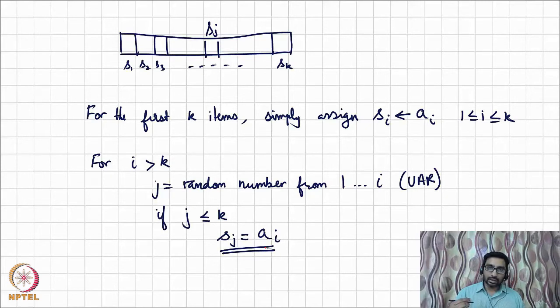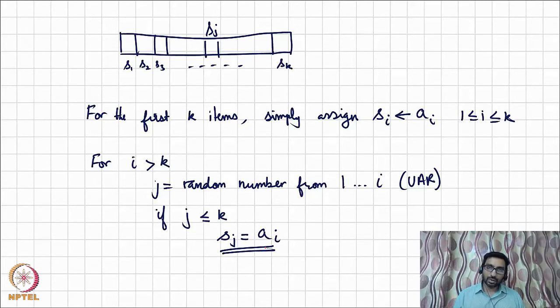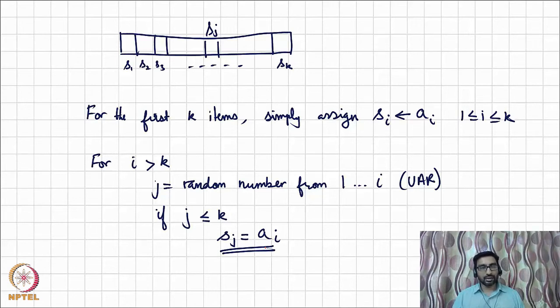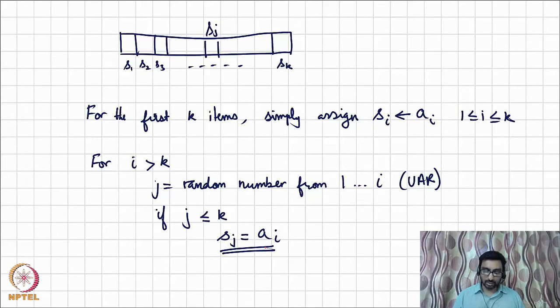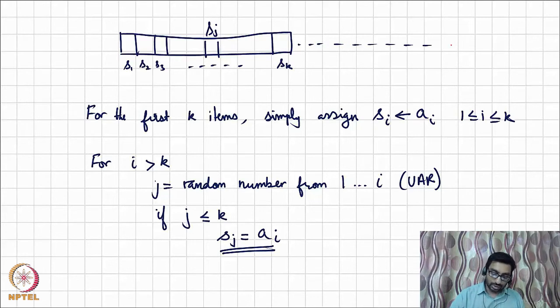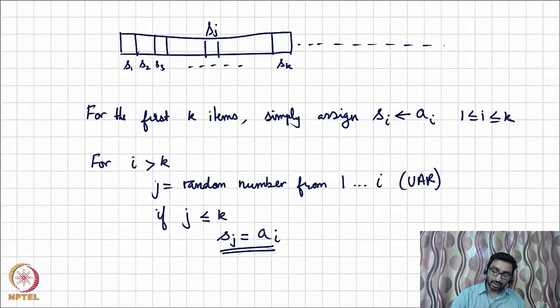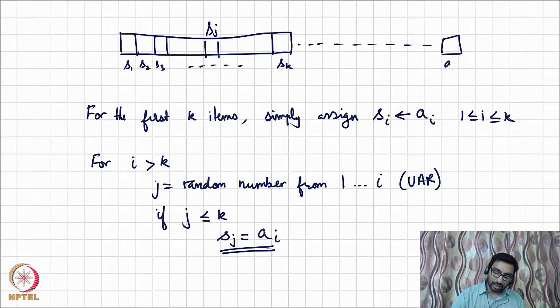So let me give you a little bit of intuition for why this works. Now, the first k items, we have to fill them in because if the stream stops at k, there is only a single k item subset, and that must be the subset that is output. Now, think of the stream as extending past these first k items, and consider the item ai.